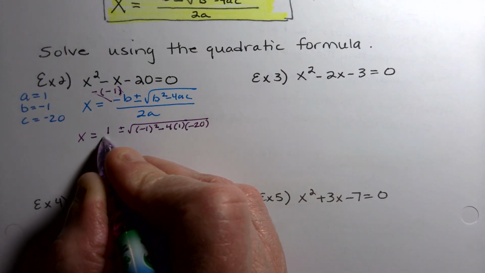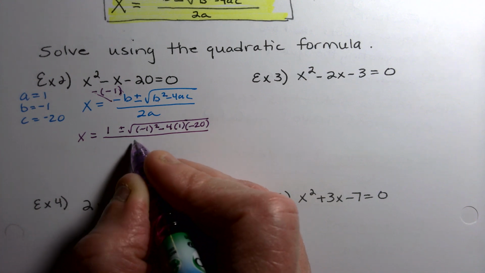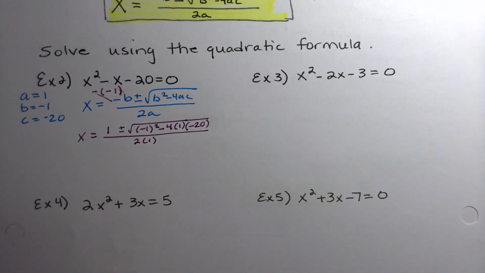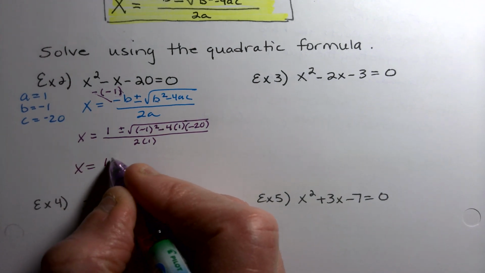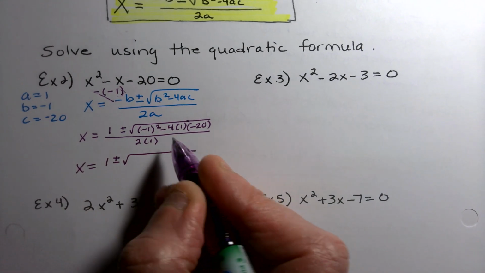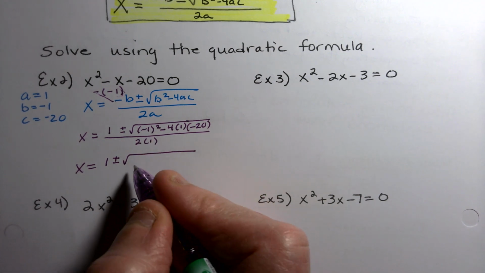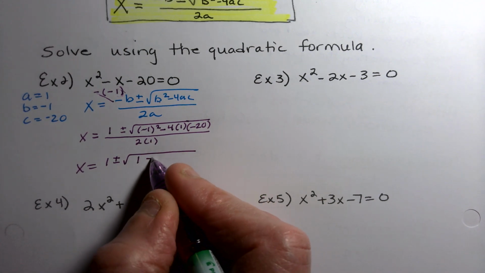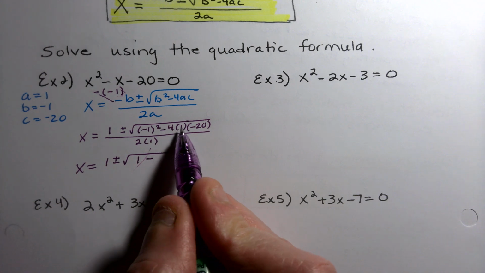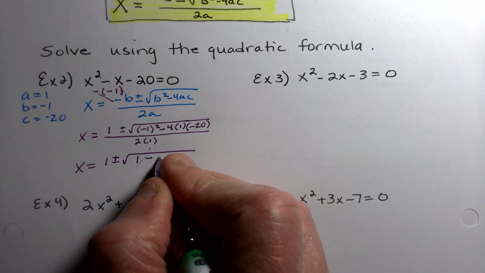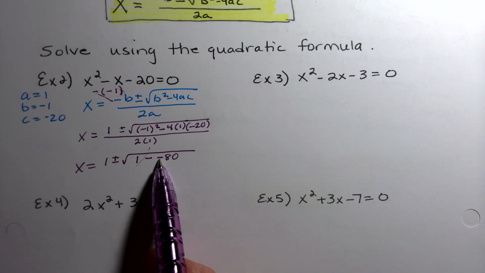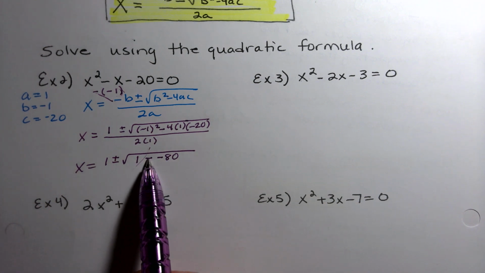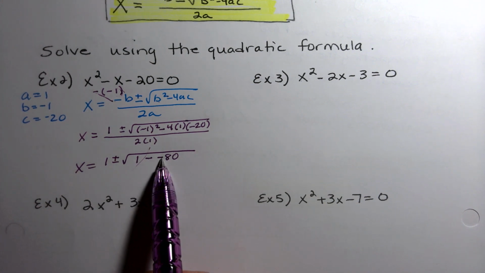Now notice the whole thing is over 2 times a. So some of these things you might kind of do as you go, which is fine. I would have in the first place done this in my head, negative 1 squared and put a 1 minus 4 times a negative 20 is a negative 80. Right there, people make mistakes, class. Right here. This subtraction is here, and then there's also a negative.